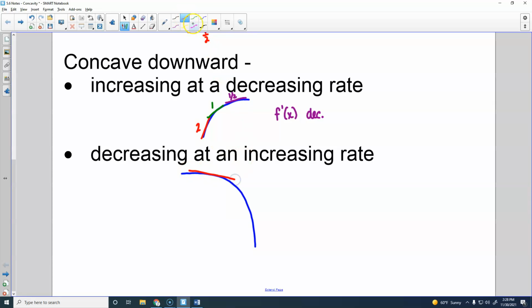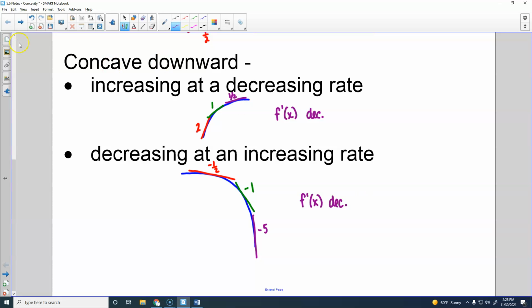Here we got these tangent lines. So this is negative 1/2. This might be like a negative 1. This might be like a negative 5. So those are also decreasing because we have negative values there.